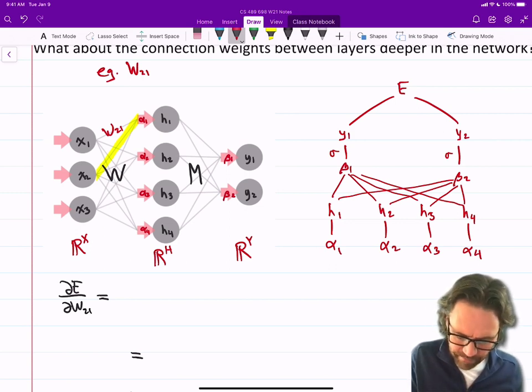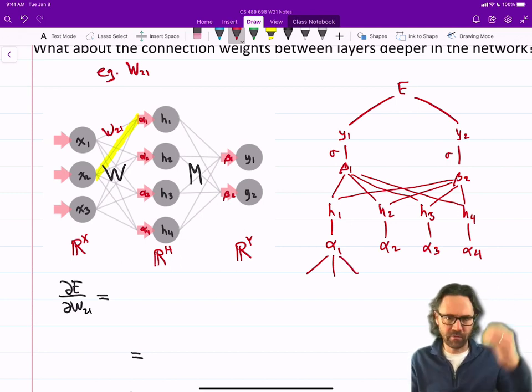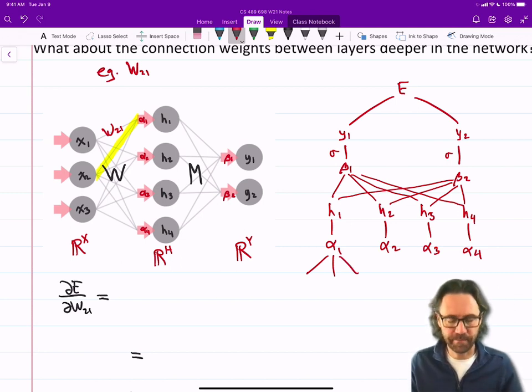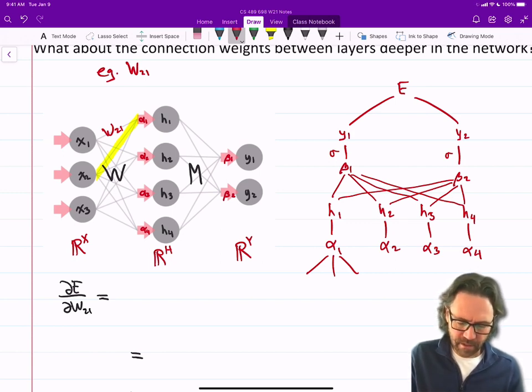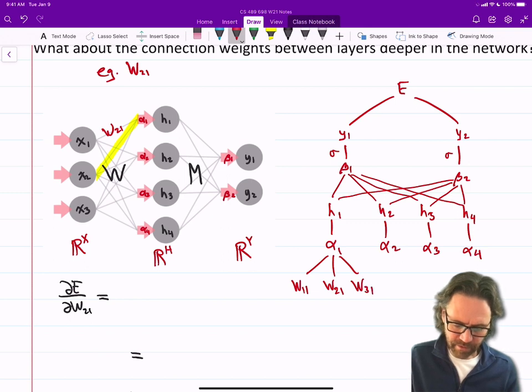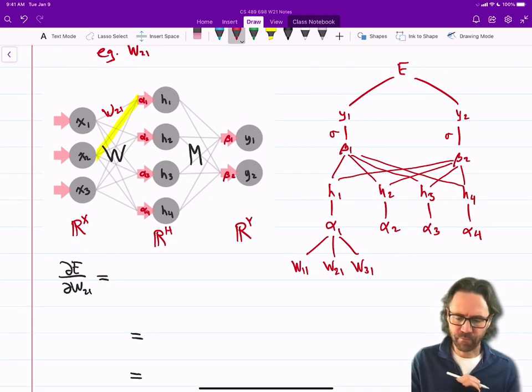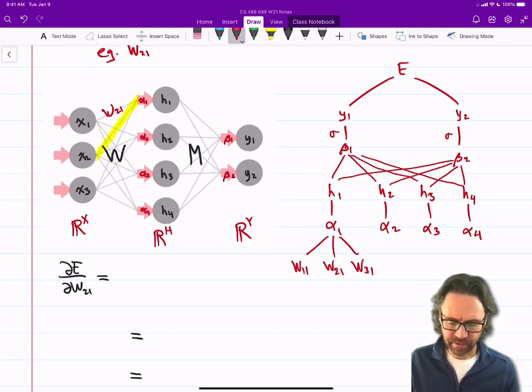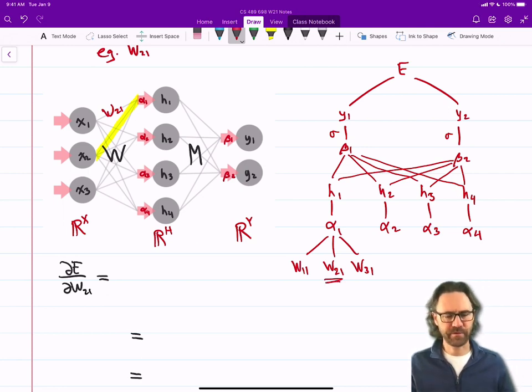I'm only going to draw the three connections for alpha 1, but there would be 3 branches on the other alphas as well. So alpha 1 depends on W11, W21, W31. Now we've worked our way all the way down to W21, which was what we were after.